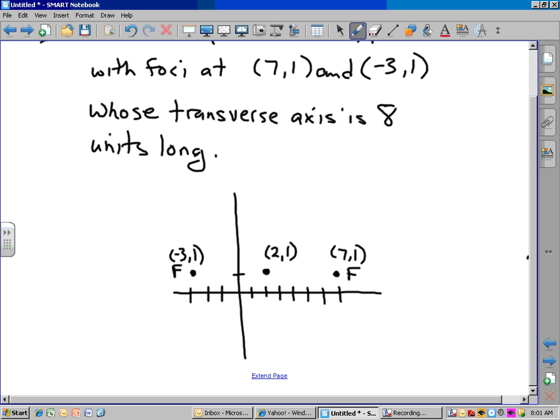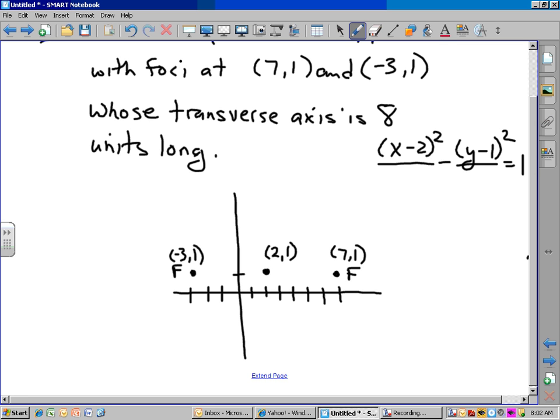So I already know most of my equation. Is x or y going to come first? Correct. X minus 2 squared over a squared minus y minus 1 squared over b squared equals 1. So all I got to do is find a and b. At this point in time, what do I know?